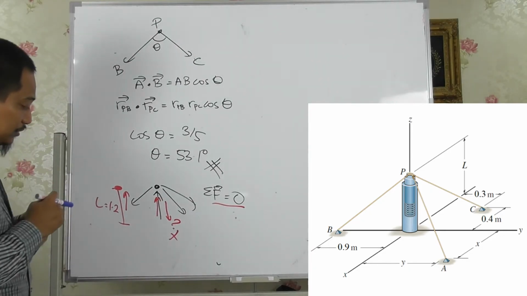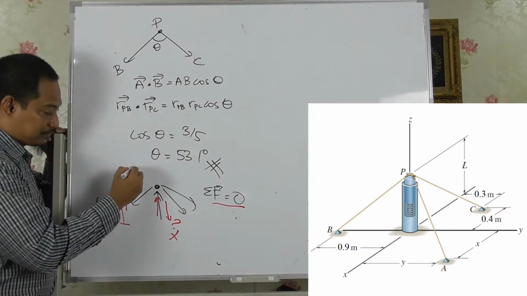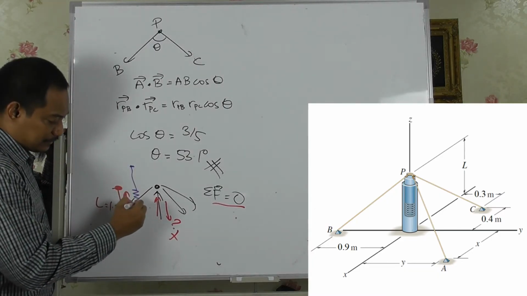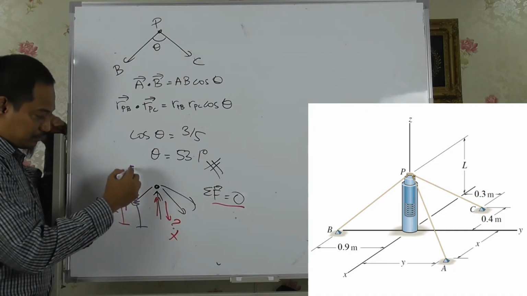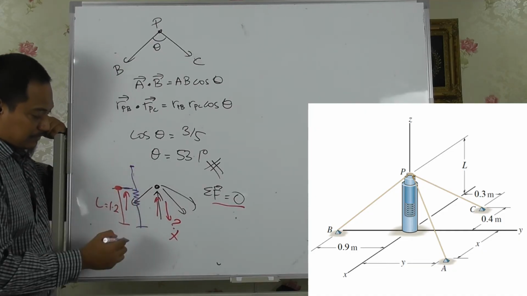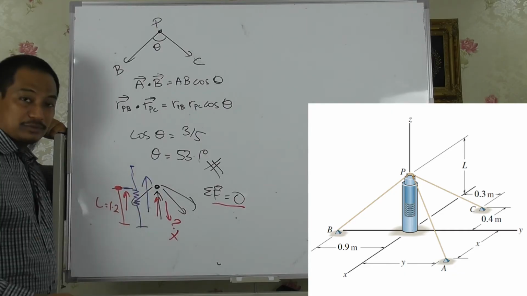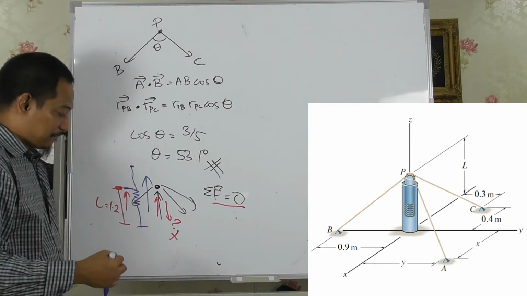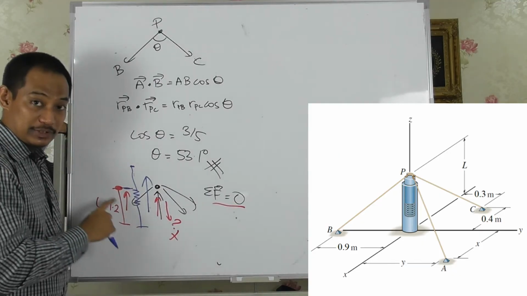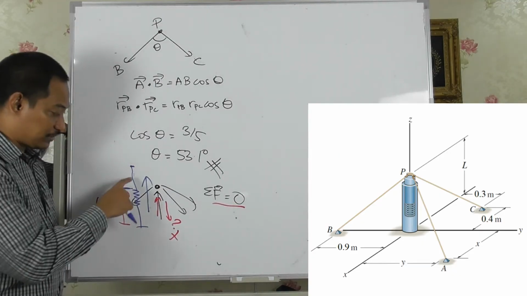So the original length should be higher, because if it's like this, for example, and you push it to this position, it will want to return back to its normal original position. So it will push up. So that will be the logical original point.